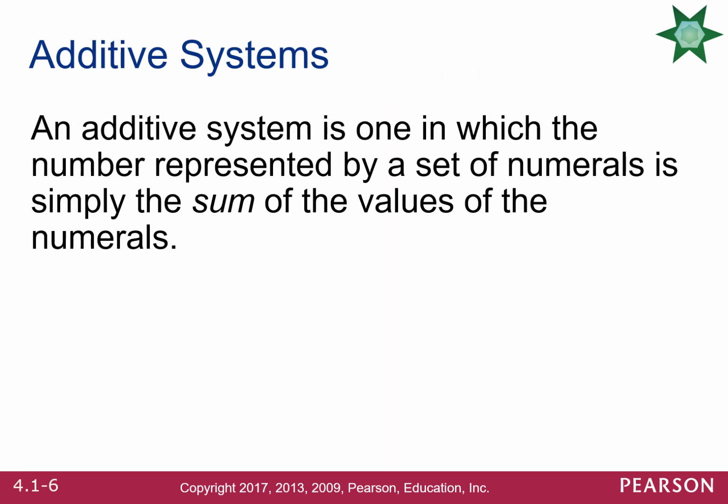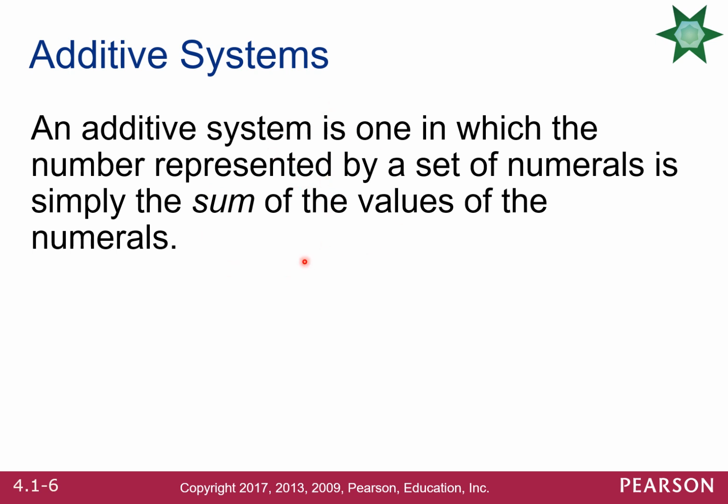Now we'll first start with the additive system. An additive system is one in which the number represented by a set of numerals is simply the sum of the values of the numerals. All right, so I can understand just reading the definition won't mean much, but we'll go through specific examples and see how the additive system works.